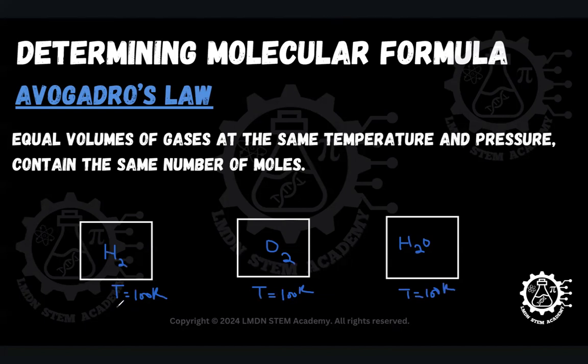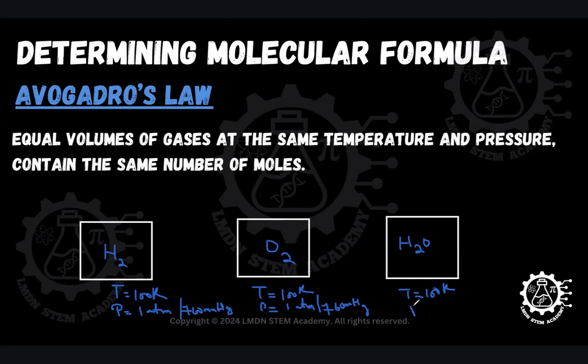Pressure has to be the same too. So let's imagine that we are at 1 atmosphere, or 760 millimeters mercury, which is another way that we can talk about pressure. That's the same for all of these gases. The temperature and the pressure are the same.